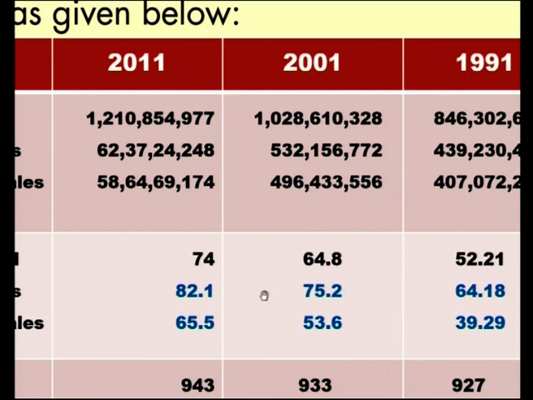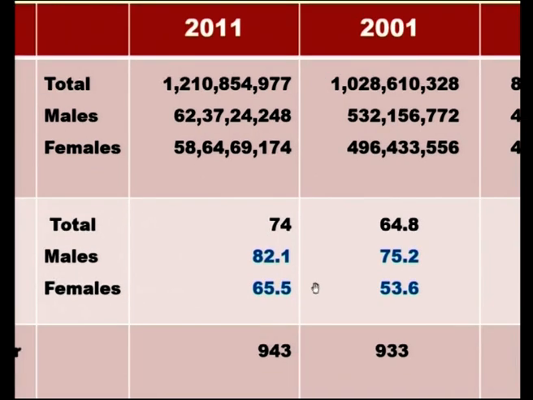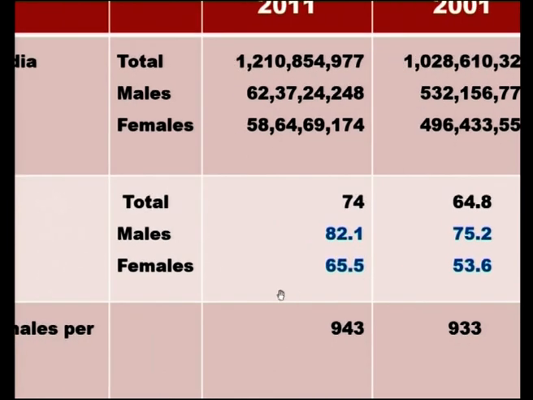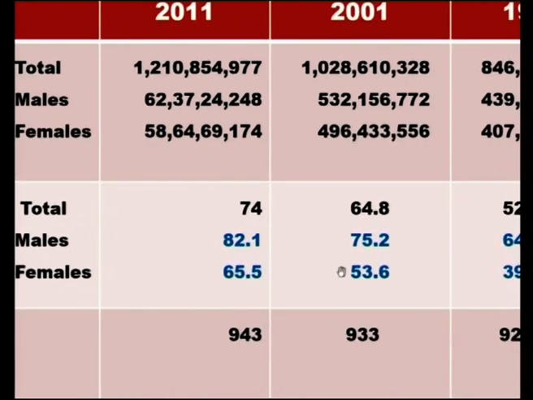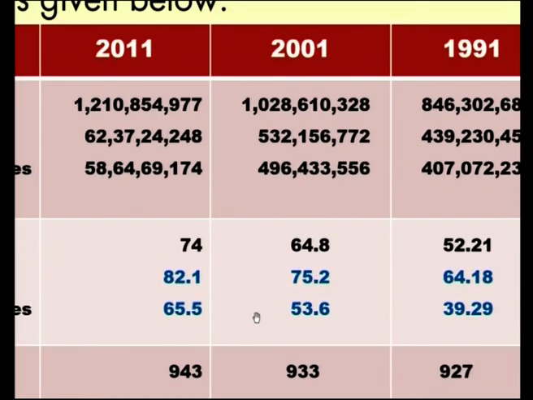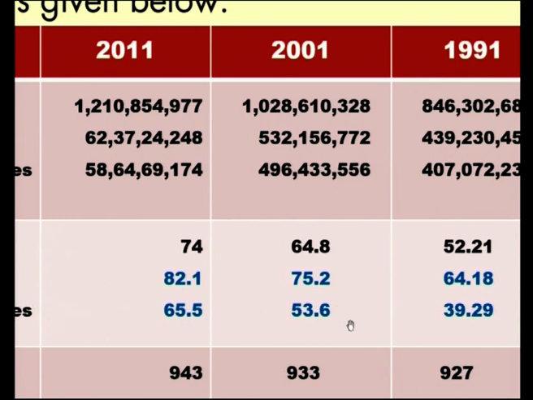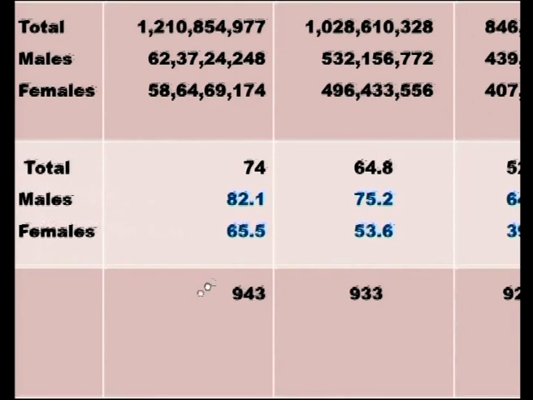Among the 74 percent, 82.1 percent of the males were literate and 65.5 percent of the females in 2011, and 75.2 and 53.6 are the respective figures for 2001, and 64.18 and 39.29 are the respective figures in 1991. You can just see the literacy is slowly growing up with respect to males and females.